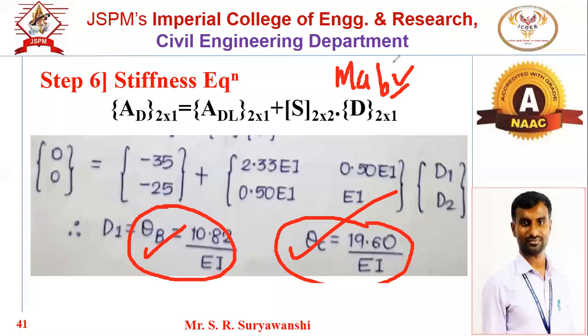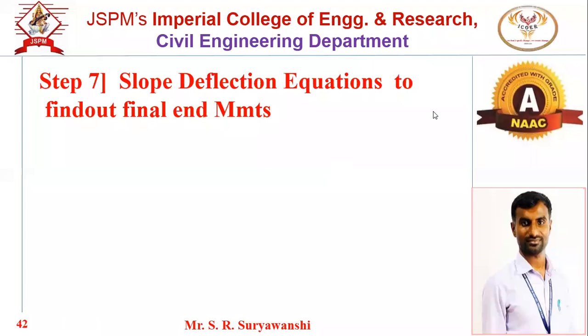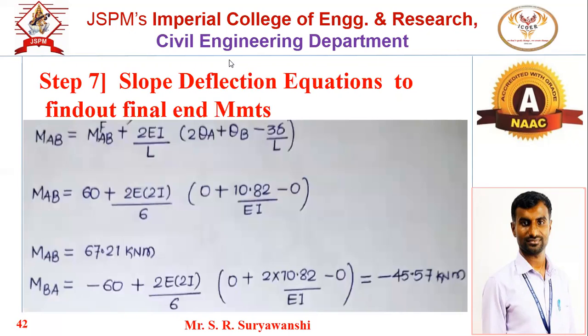Next we have to use the slope deflection equations to solve for the unknown moments, the final end moments. So apply the slope deflection equation by putting the values of theta B and theta C. Theta A will be 0 due to the fixed end.